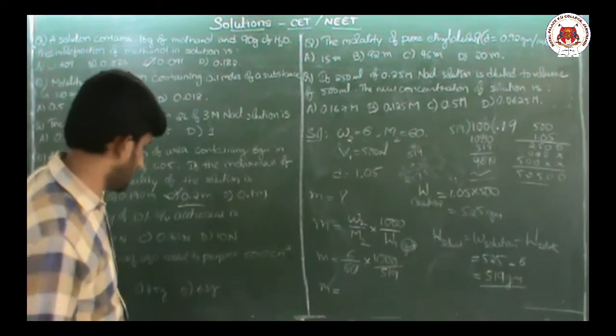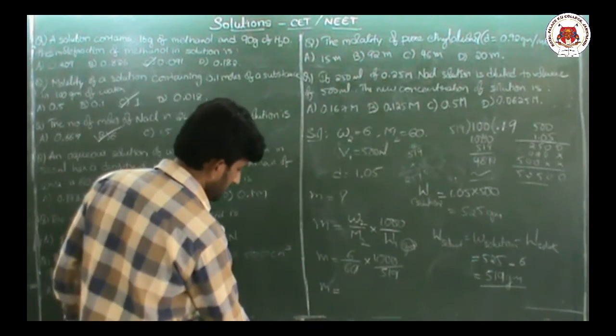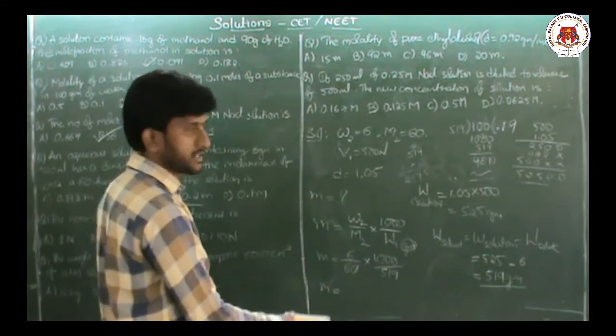Approximate value 0.21. You can calculate it with a calculator to get the exact points.